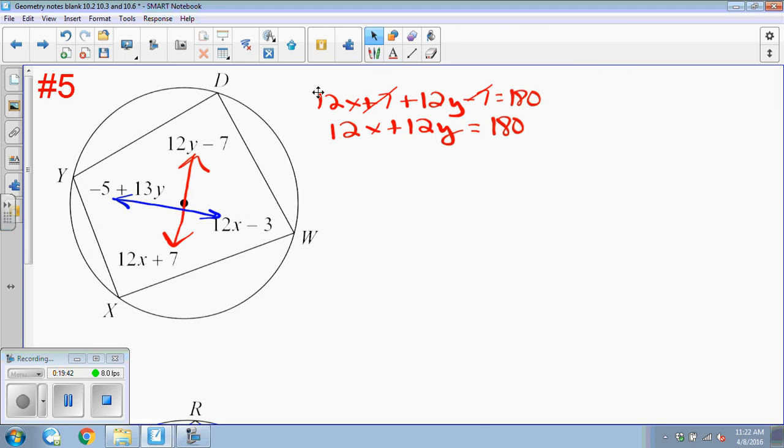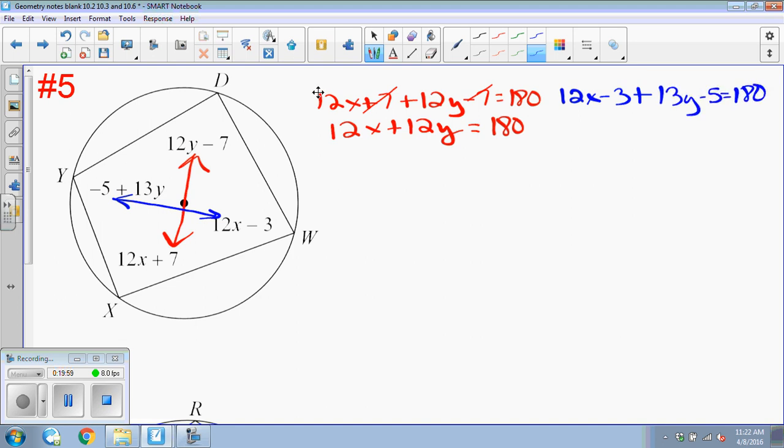Now let's do the blue ones. So 12x minus 3 plus 13y minus 5 equals 180. Now I'm going to put that one in standard form. So I have 12x plus 13y, and then I have 180 plus 5, and then plus 3, right?